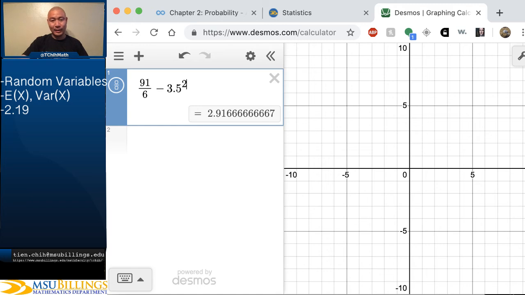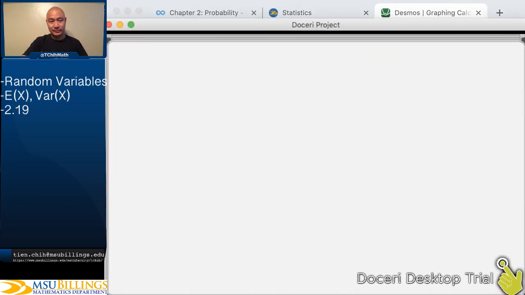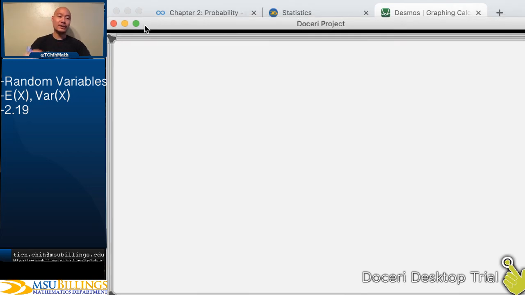And then one last thing to note. With variance, of course, comes a sister notion, and that's standard deviation, right? And just like before, the standard deviation of a random variable is exactly the same thing as the standard deviation of a data set.